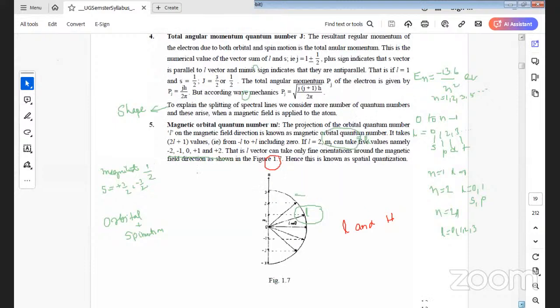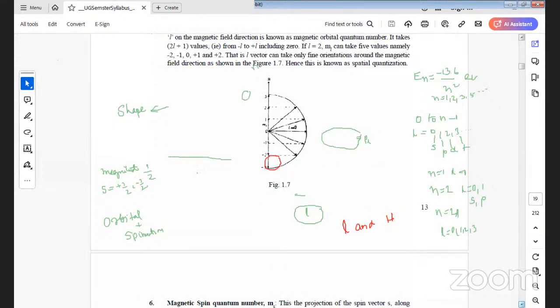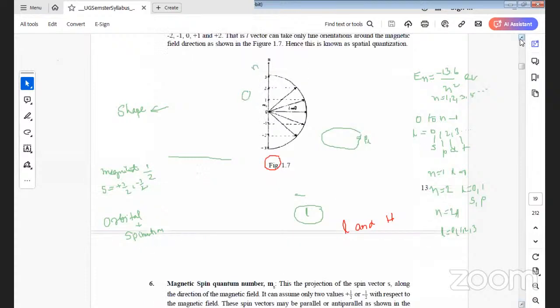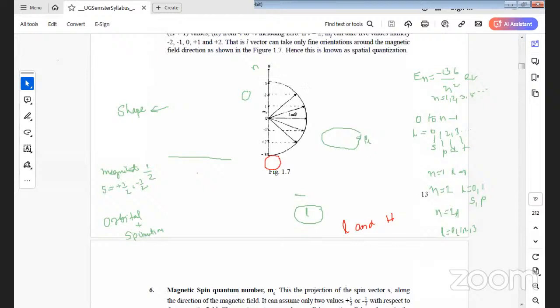In this figure, the projection is given by ML, which is nothing but L cos theta.